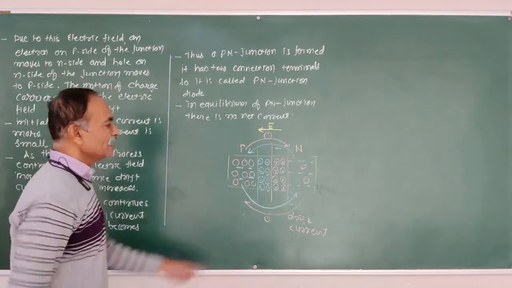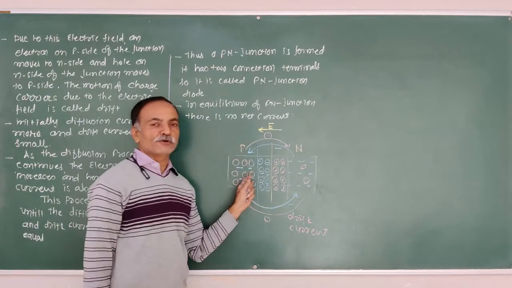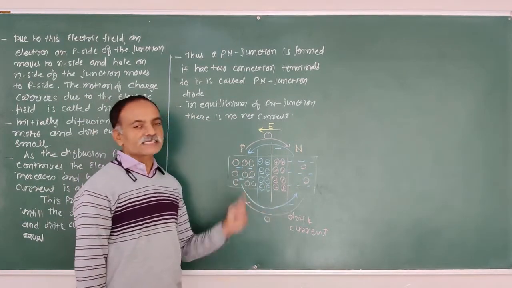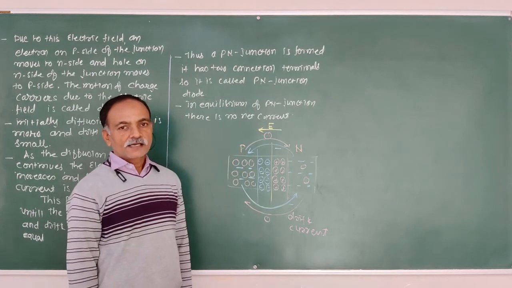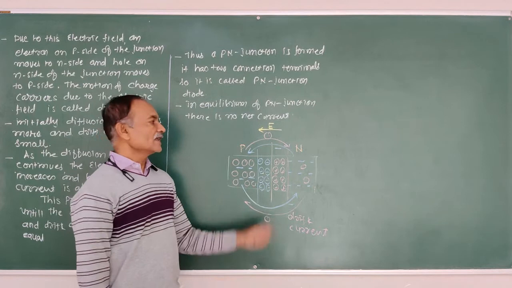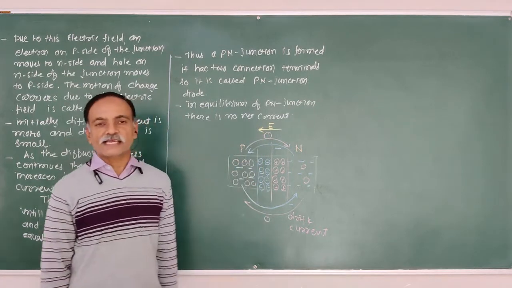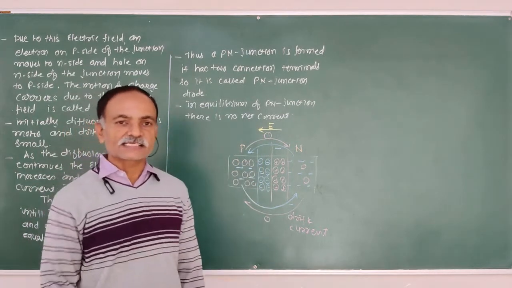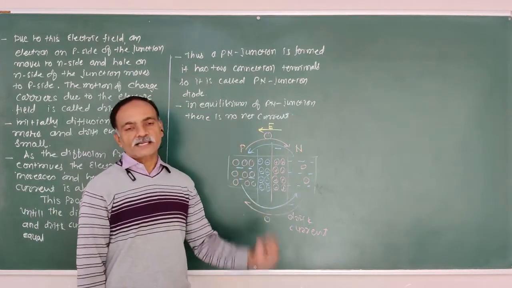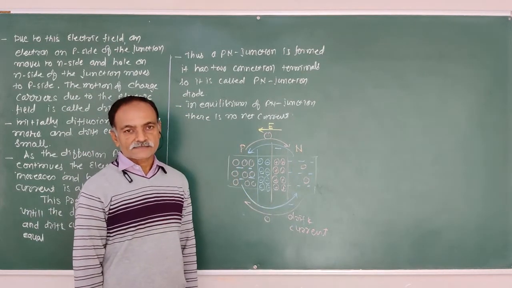Therefore, initially, only due to the diffusion process, the diffusion current is more and the drift current is less. As the diffusion process continues, the strength of the electric field increases. As a result, drift takes place and the drift current also increases.